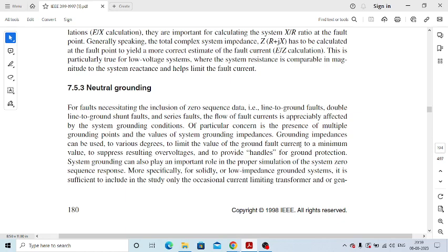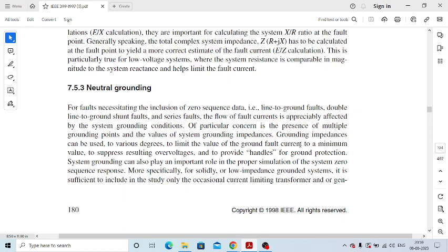In simple words, first we have to know whether the particular system is grounded or not. If it is grounded, then we go to the next level, that is, whether it is solidly grounded or grounded with impedance or resistance, etc.